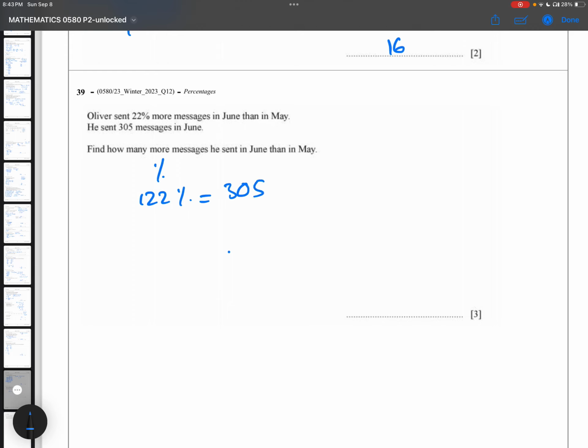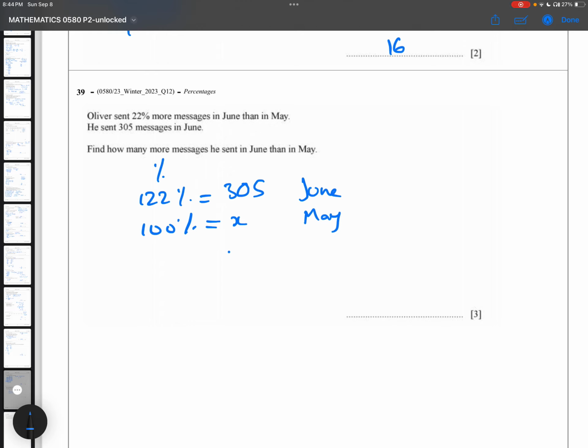In order to get how many more messages he sent, I need to get how many messages he sent in May. This is the amount he sent in June. Now, if I find 100% of it, that will be the amount he sent in May.